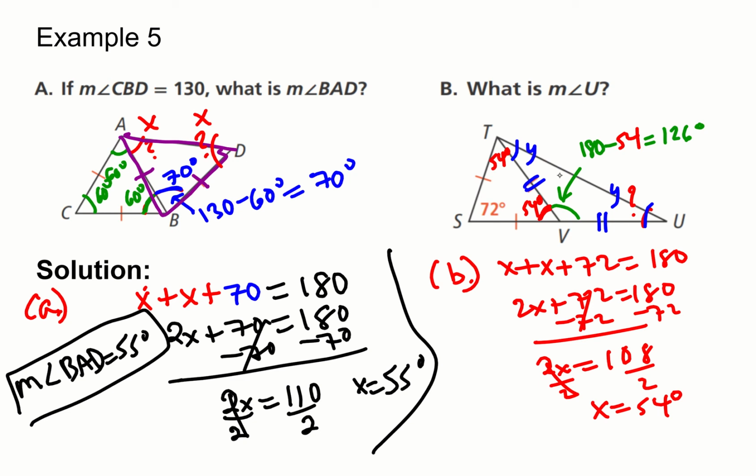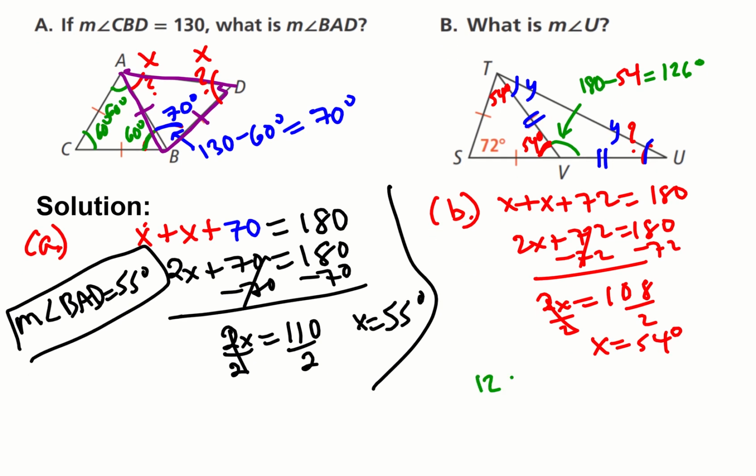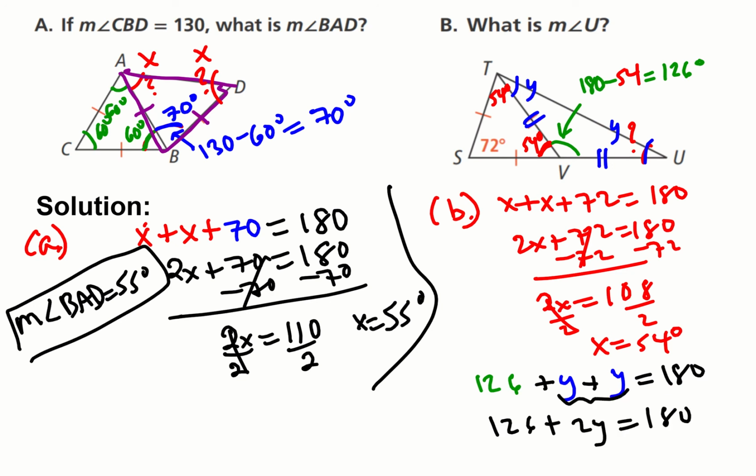So remember that the three angles in a triangle add up to 180. So we have here 126, the green angle, plus y plus another y equals 180. So we have 126 plus 2y, and then we can proceed to solve this.